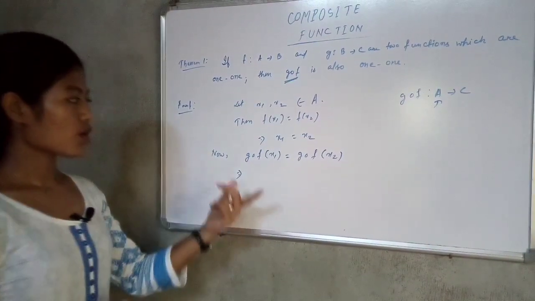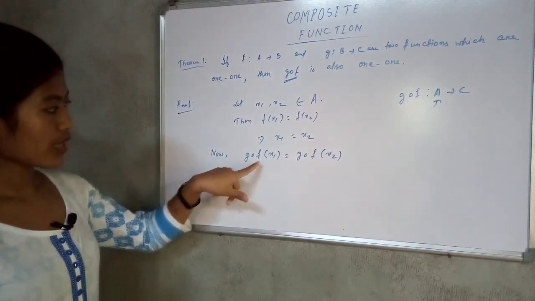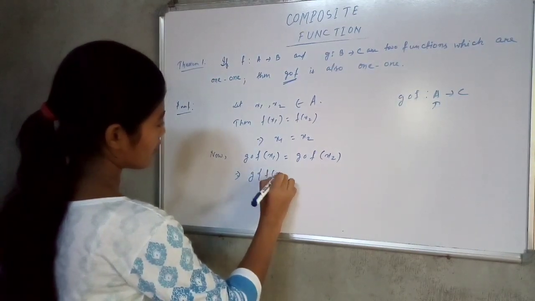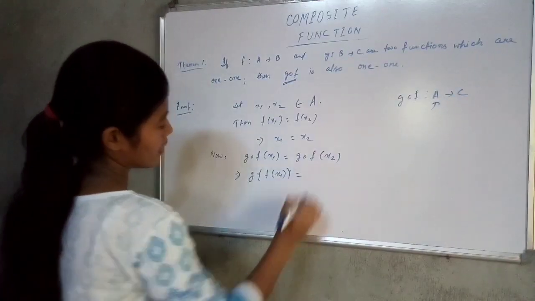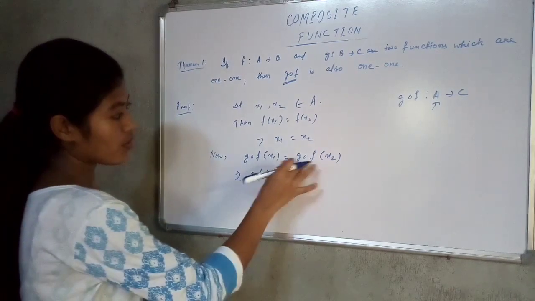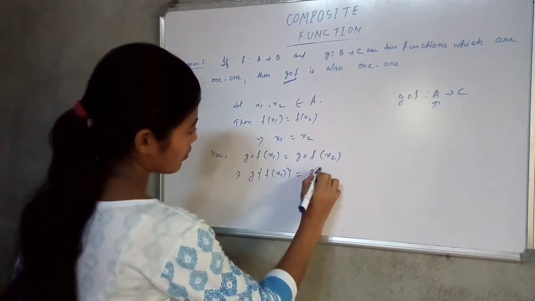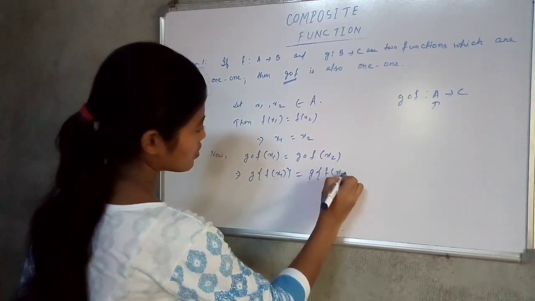By the definition of composite function, g naught f of x1 is g of f of x1, and the right-hand side, g naught f of x2, is by definition g of f of x2.